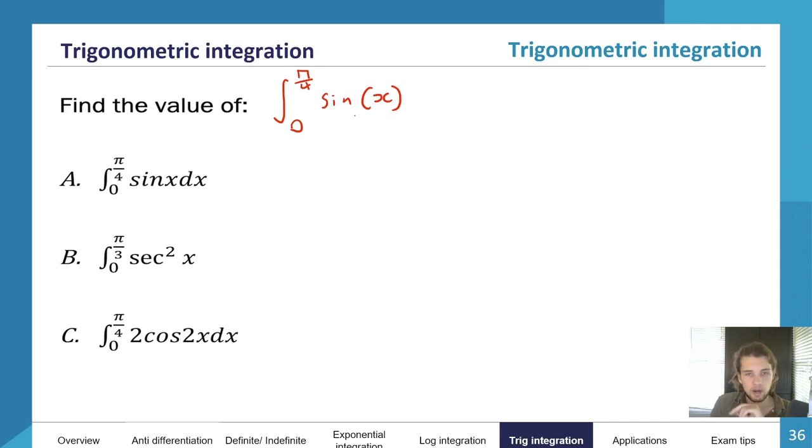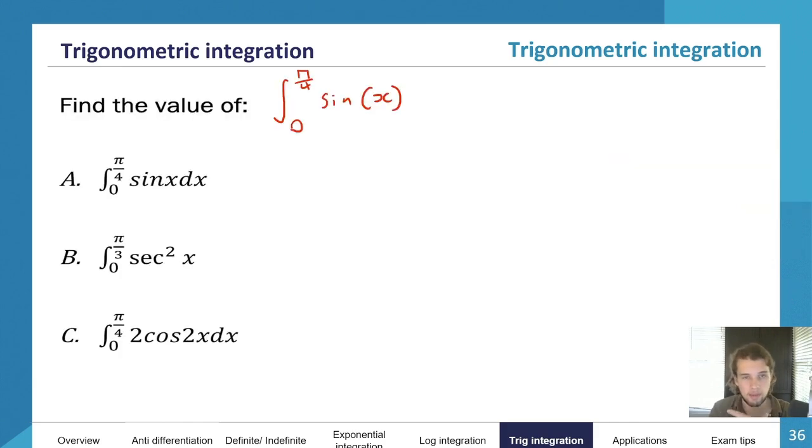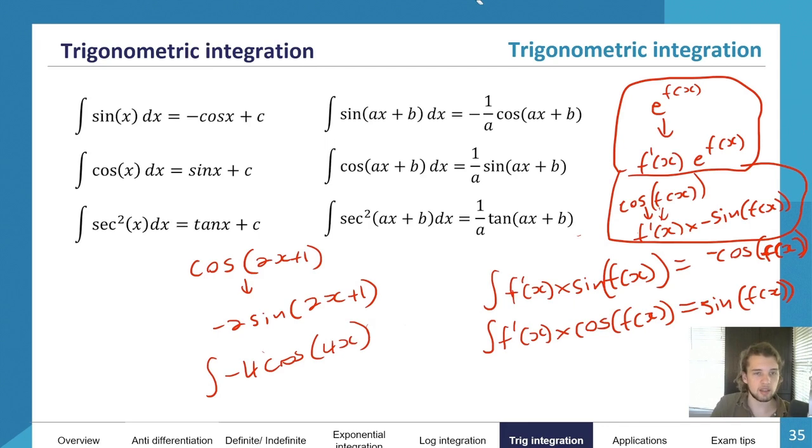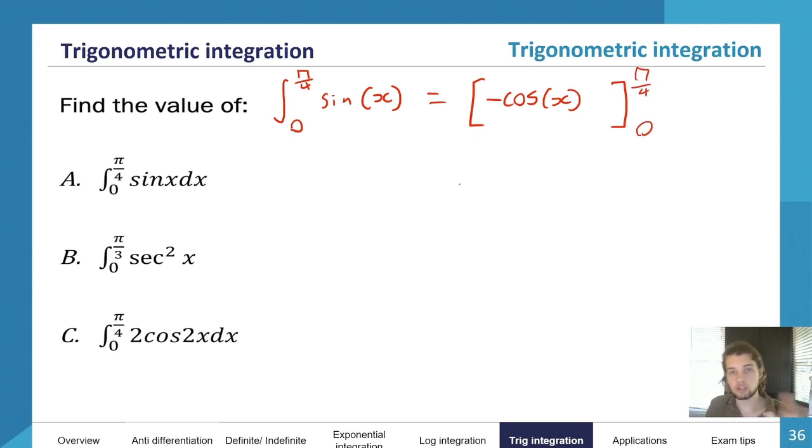So in this scenario, even if you sort of have an understanding, it's good to look at the formula sheet, because you can immediately just apply a formula without having to worry about making any possible mistakes or misremembering something. So the formula sheet states that this would become negative cos x plus c. So we can just say, okay, this is negative cos x plus c. And we can ignore the c because we're doing definite integration. We have our 0 and our pi on 4 out the front. So then we can just substitute in values.